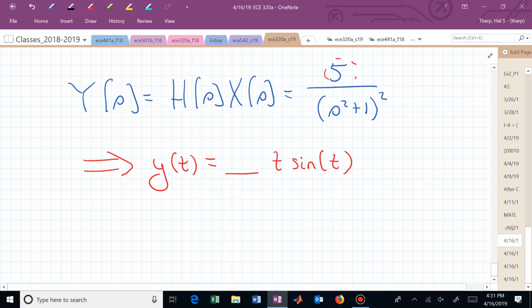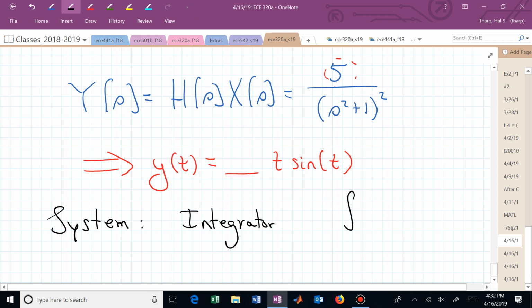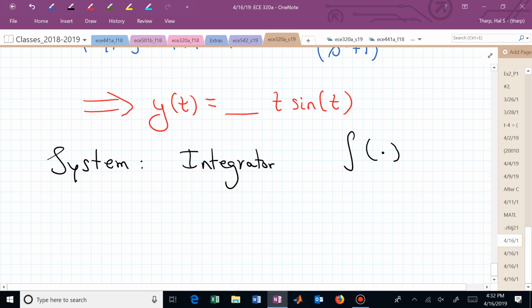What if, well, now you can see that even if you had an integrator, a pure integrator, where would its pole be? If you had a system and you build an integrator, so now it takes as an input something and integrates it. What's that look like in the frequency domain?